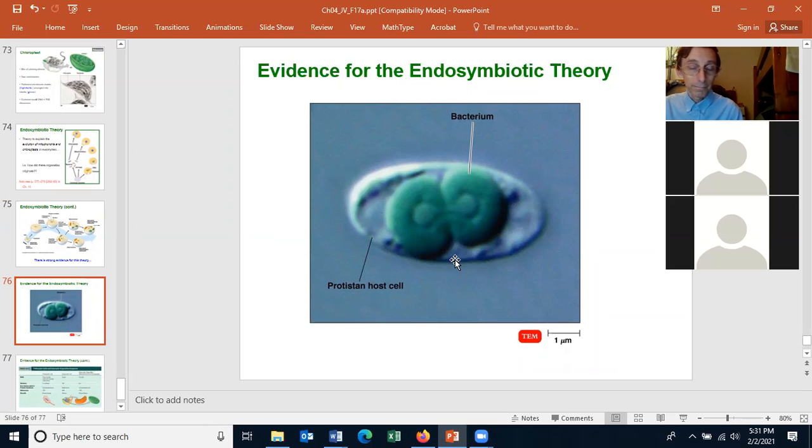This, what is that, paramecium, takes in a bacterium, and the bacteria can engage in photosynthesis and then make sugar for the paramecium. The paramecium gives a home for the bacteria and also gives nutrients for the bacteria so that the bacteria can make sugar.